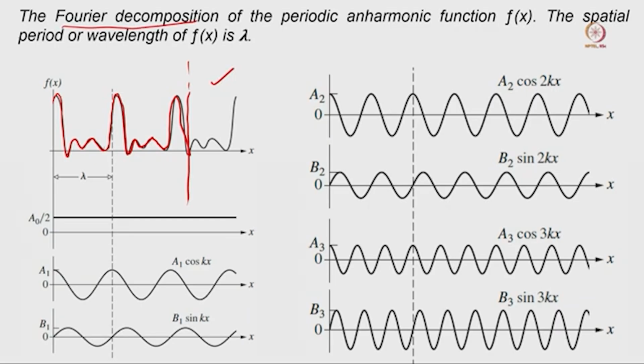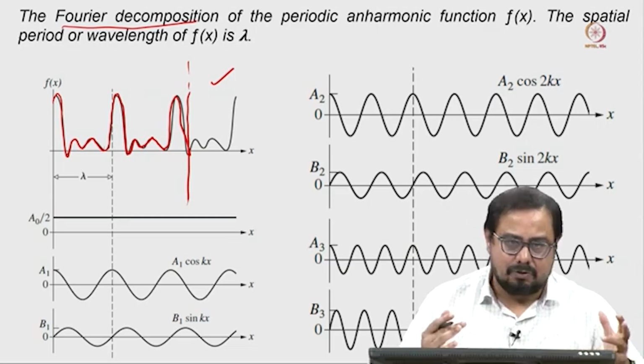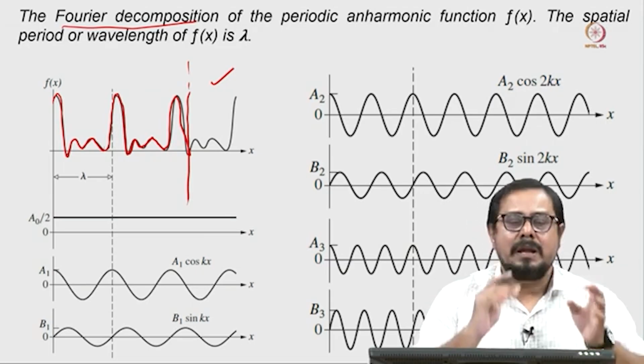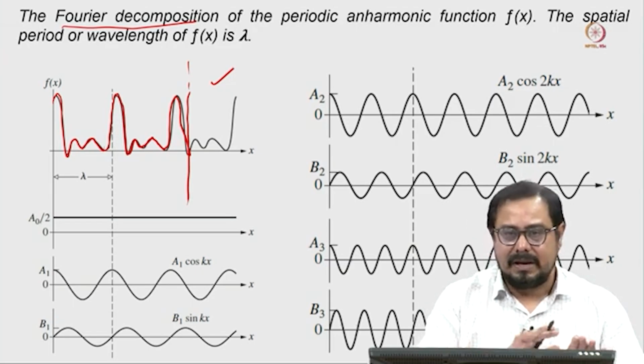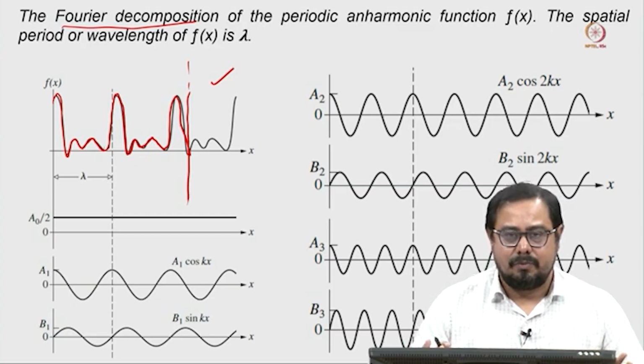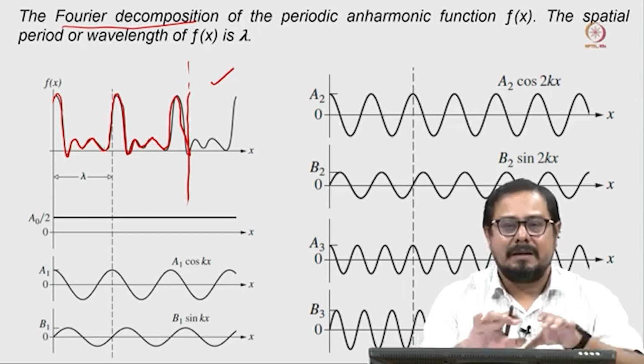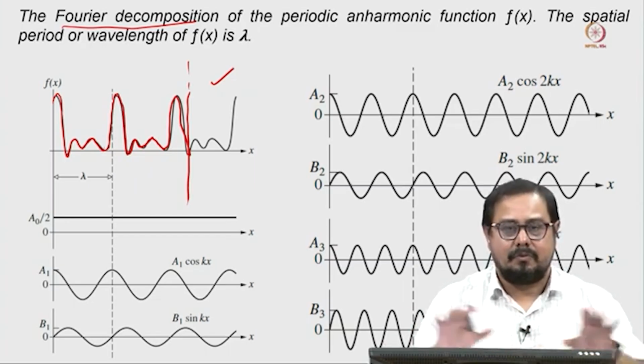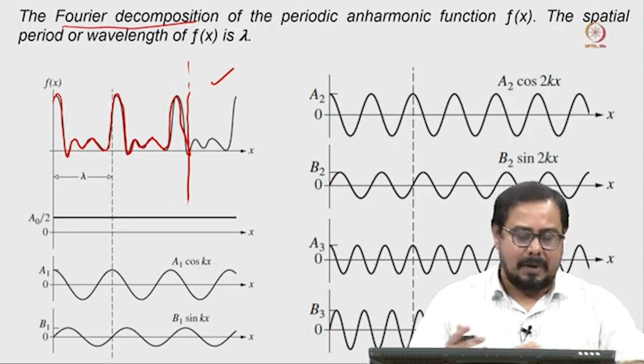We are not going to discuss the mathematical details of the Fourier decomposition, but this is a very basic idea of how we can consider it, and the basic formula if you want to apply it.